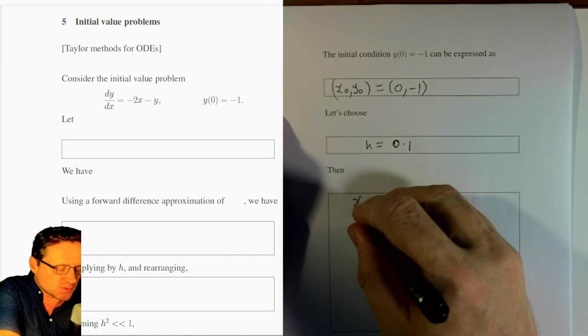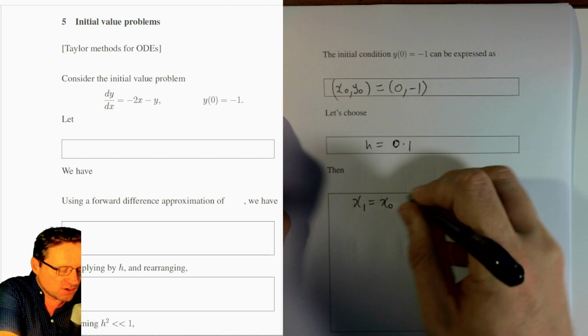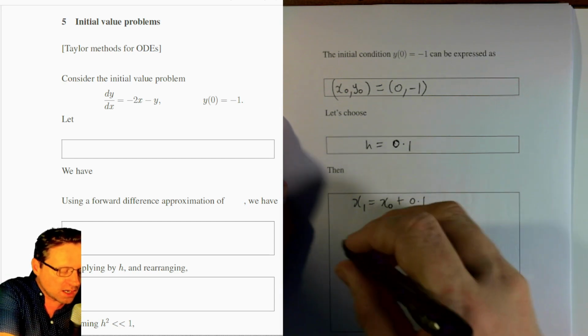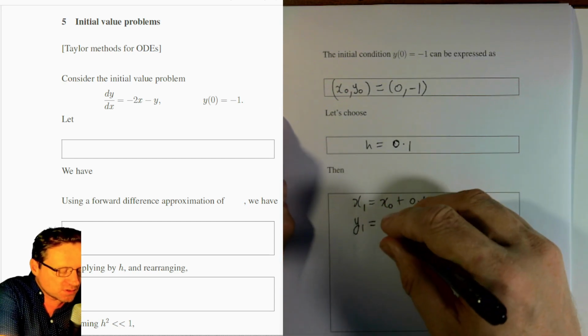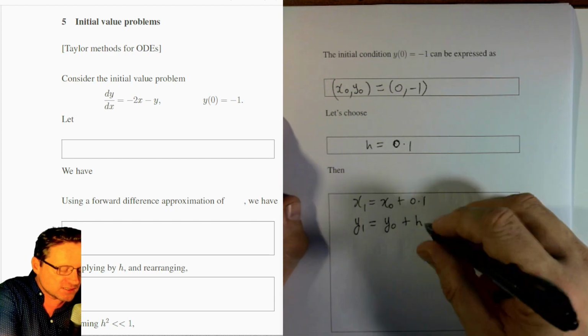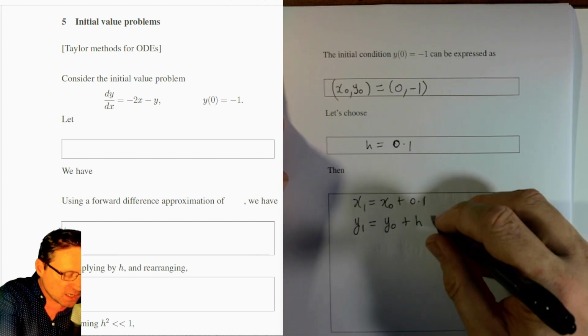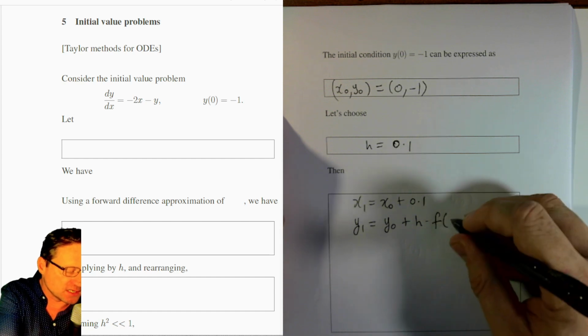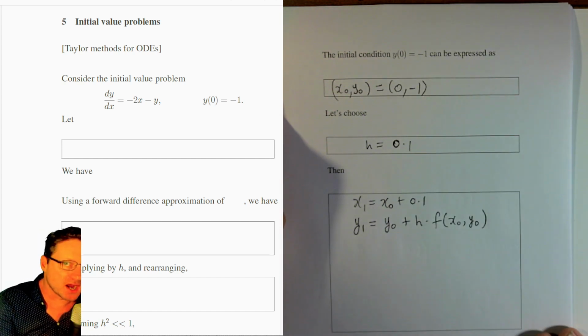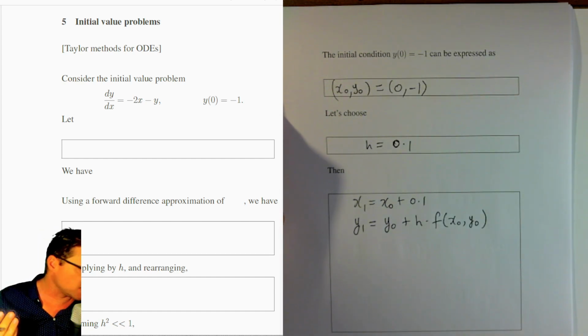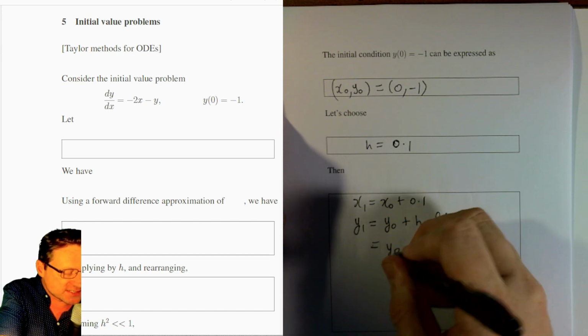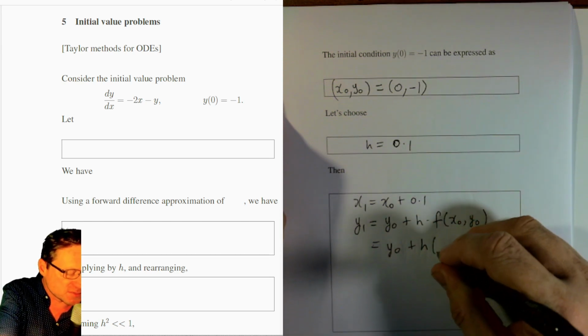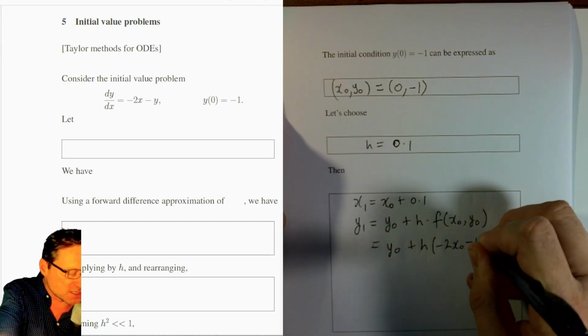So then in this case, we have x1 is x0 plus 0.1. We have y1 is equal to y0 plus h times f(x0, y0). The differential equation's right-hand side has minus 2x minus y, so this is y0 plus h times (minus 2x0 minus y0).